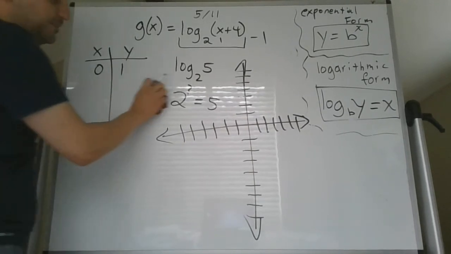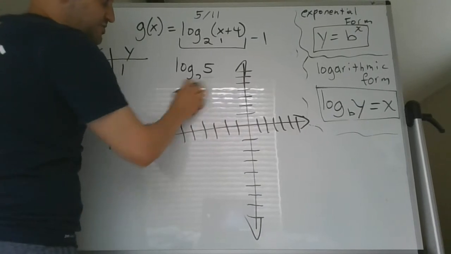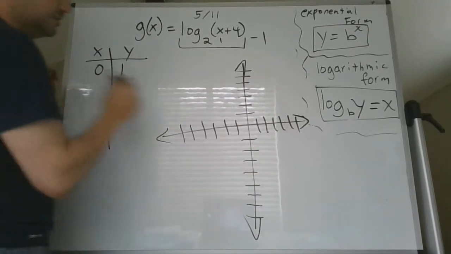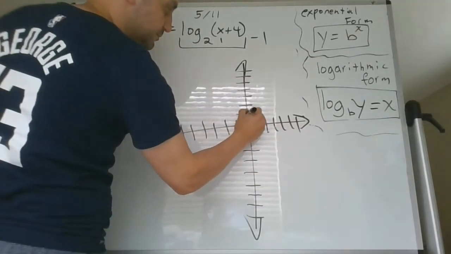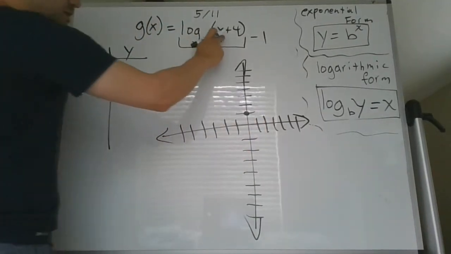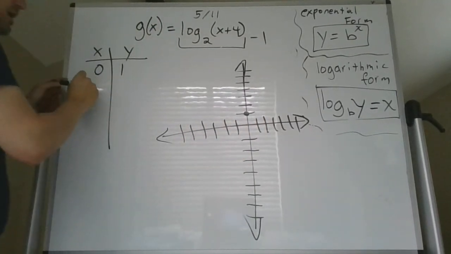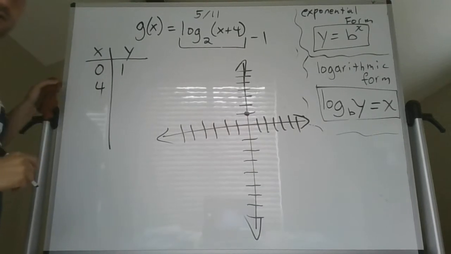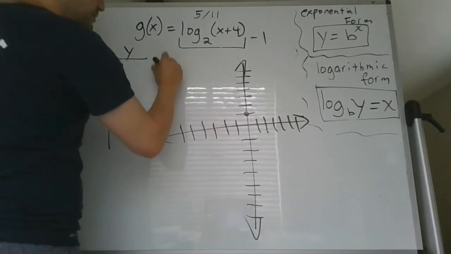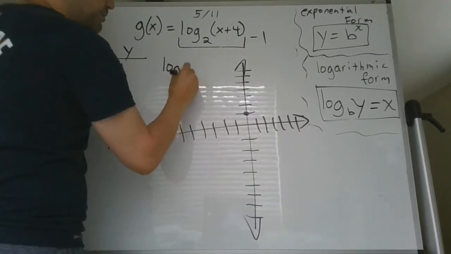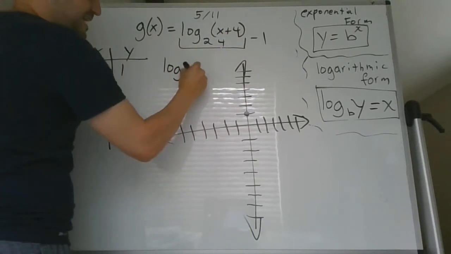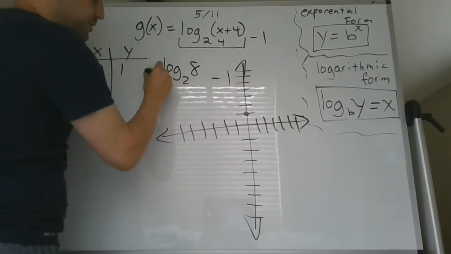So what can I plug in? That's the interesting question. First, let me do 0, 1. Well, believe it or not, I'm going to plug in 4, and you'll see why. If I plug in 4, I get log base 2 of 4 plus 4, which is 8, and all of this minus 1.